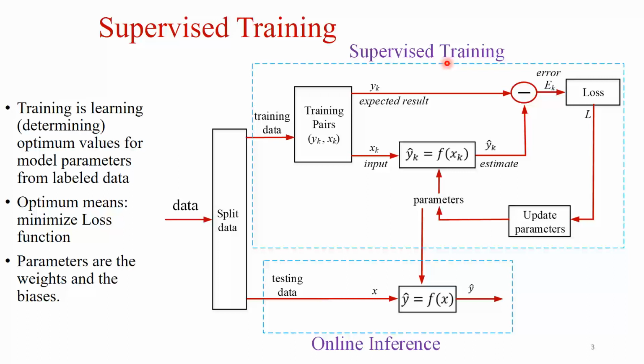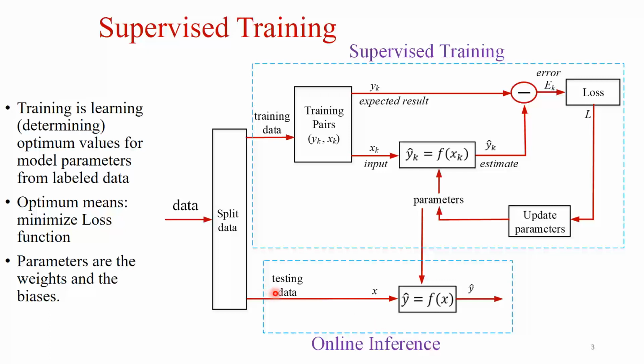This concept of training really fits under supervised learning. Once we are satisfied with the minimizing of the loss function, then the final parameters plus the function are used in the other phase, which is the online inference.